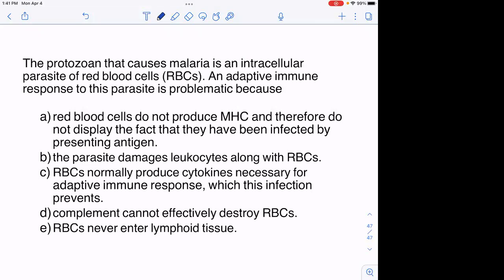So cells that don't have a nucleus don't display antigen by MHC class 1. So the correct answer there is A. They don't really have any way to advertise to our cytotoxic T cells that there's a problem in there. So that's one of the reasons that the immune system has a hard time with malaria, and it can be quite severe.